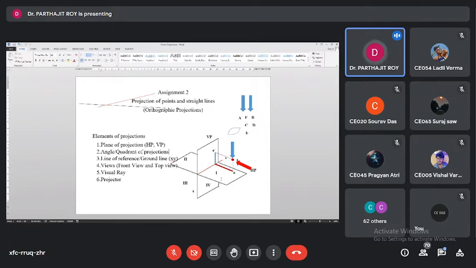So line starts from line of reference or ground line, reference line or ground line, and it is identified by the small letters xy. For this, the thickness will be a thick line. Okay, so reference line will be a thick line.